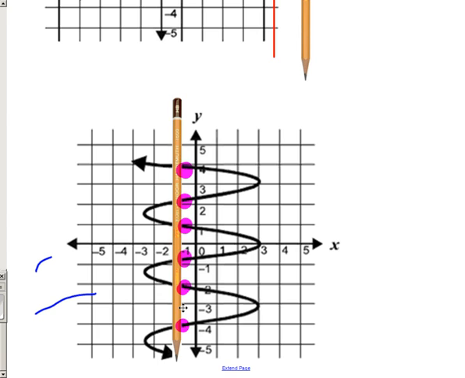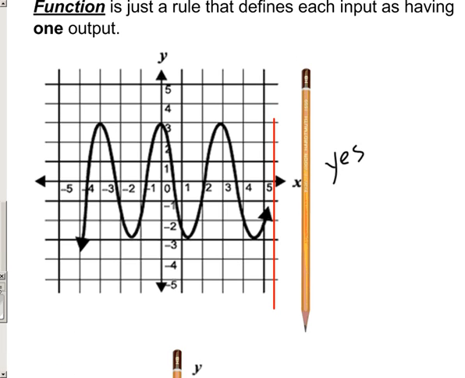Because it's touching more than one point at once as I'm waving it across, it flunks. And it didn't flunk when I was back here because it only touched one point at a time. See, like this point right here, it's only touching that point right there. And that's the reason that one passed the vertical line test.